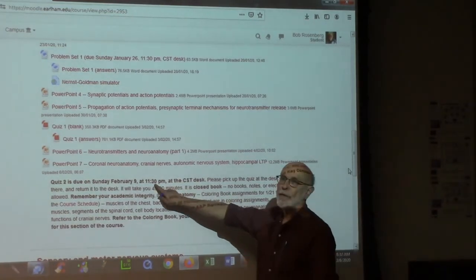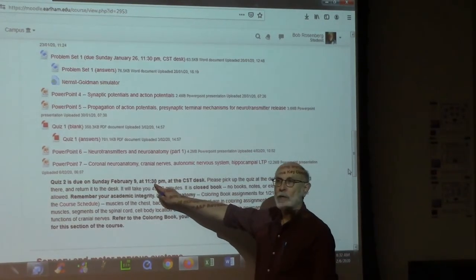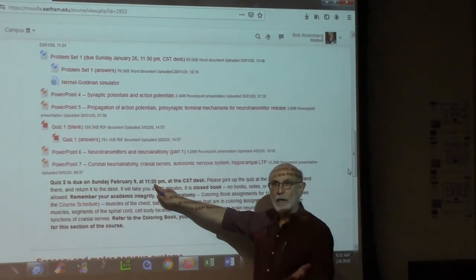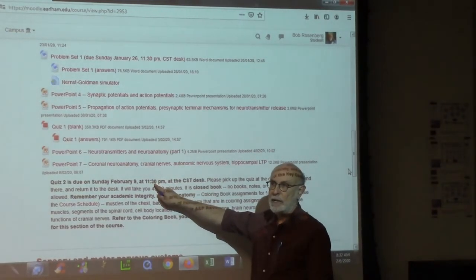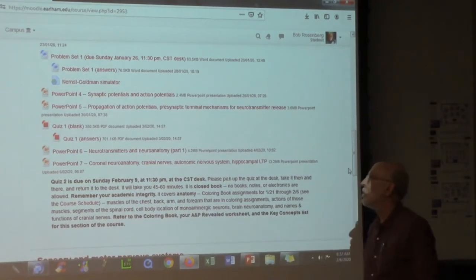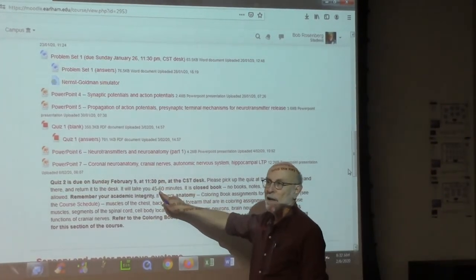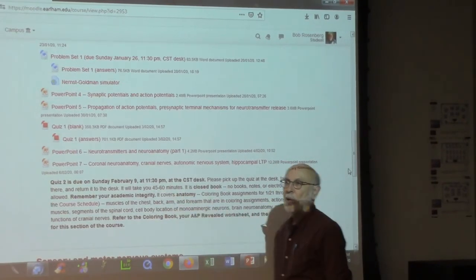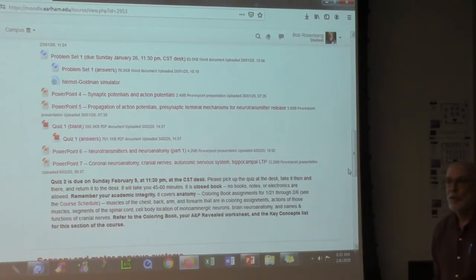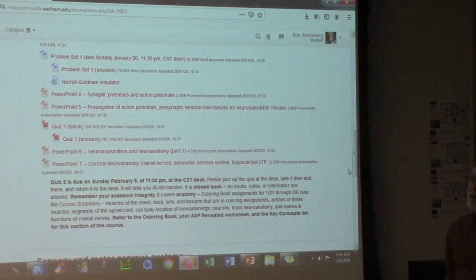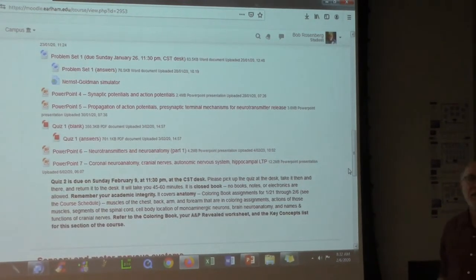So the deadline is 11:30 because the desk closes and the envelope becomes locked away at midnight. But if you started at 11:30 and you're still working on it, what you do is write the time on your quiz and slide it under my office door, and I'll get it the next morning like I would get the envelope.